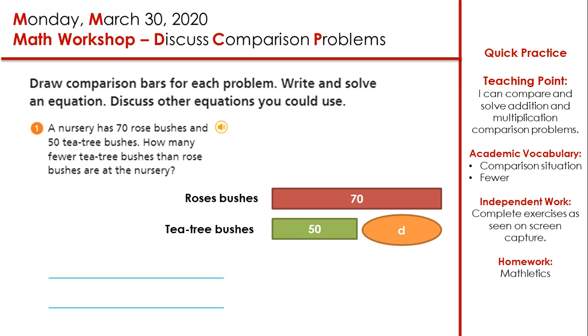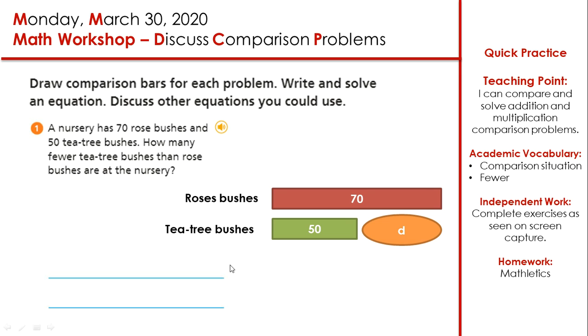Now, I can see that 50 doesn't match 70. So to fill the gap that I have, this gap right here will be filled with an oval and will represent the difference, the missing item that I will need to find. So how many fewer tea tree bushes than rose bushes are in the nursery?